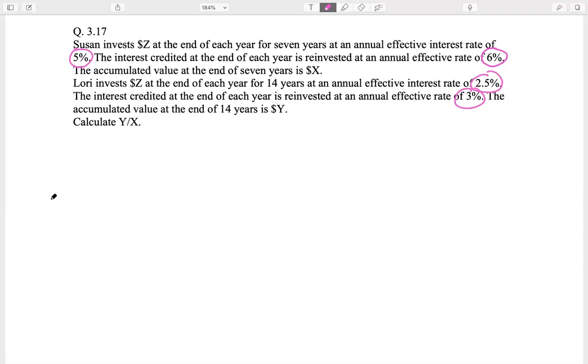So let's do a little analysis first. Now let's just look at 2 years. This is a completely different case. I want to analyze how the principal and interest change over time. Let's say at time 0, we deposit $1.